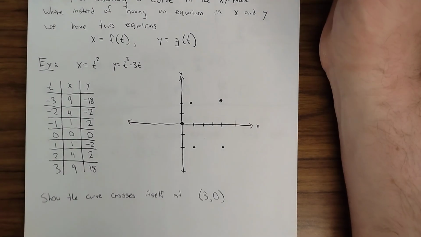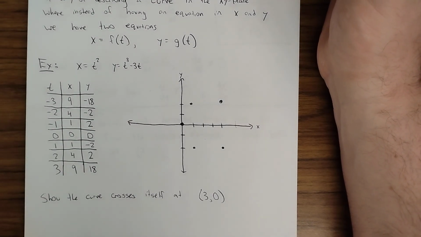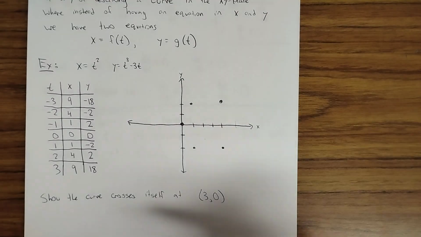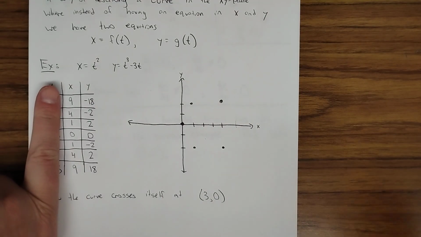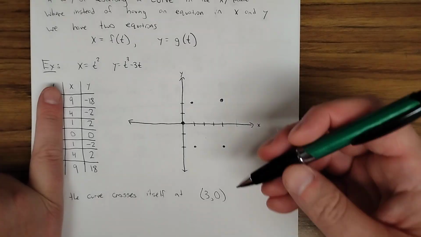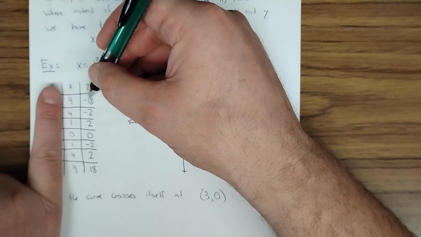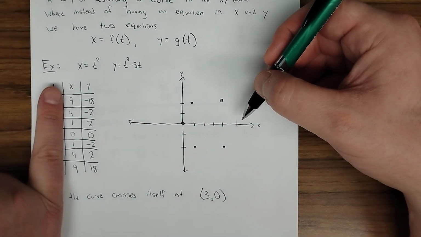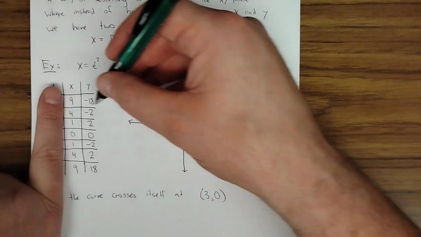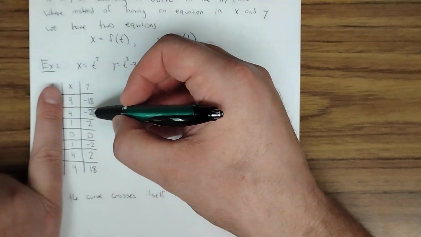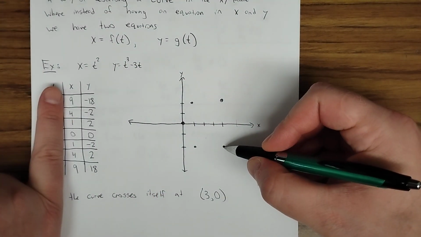The way graphing this works is I would plot those points, and basically we can ignore t. The first numbers are kind of big, and I didn't want to draw a picture that high, so I skipped the first point. But then here's 4, -2, so that's a point.